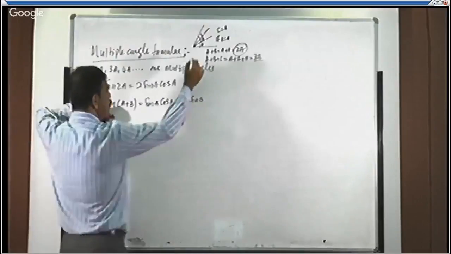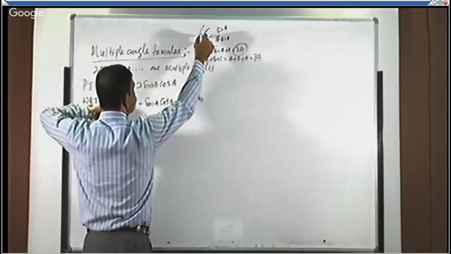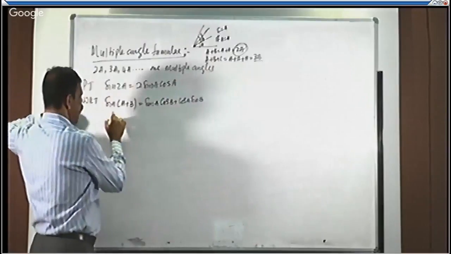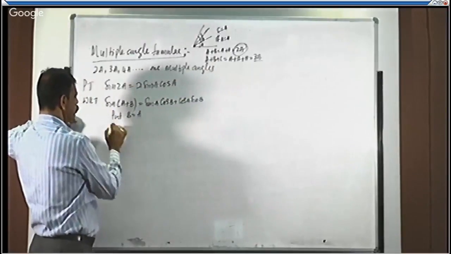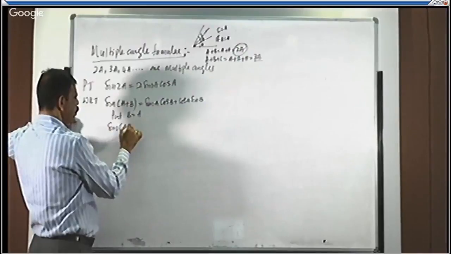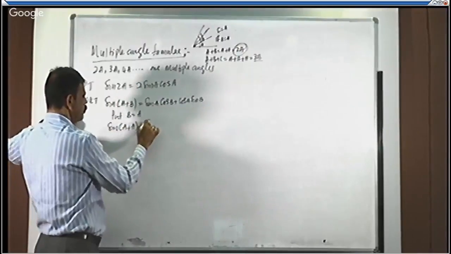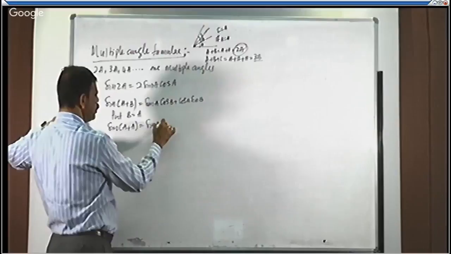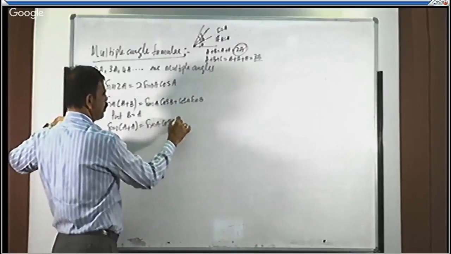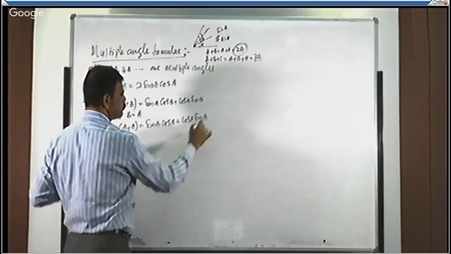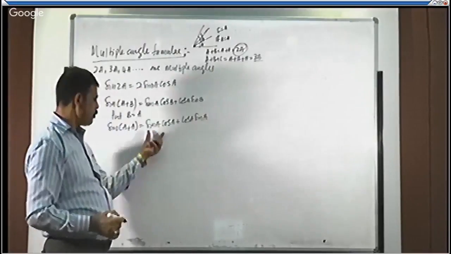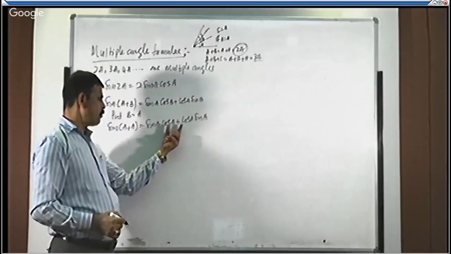As I mentioned here, suppose B is equal to A, then it becomes sin of A plus A is equal to sin A into cos A plus cos A into sin A. Check the right hand side. What is this? Sin A cos A. What is this?